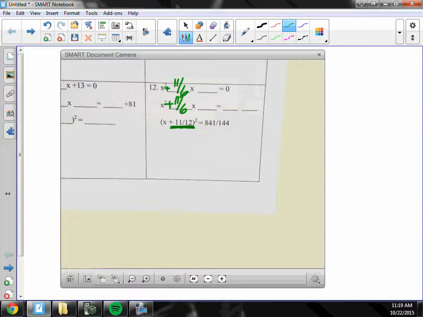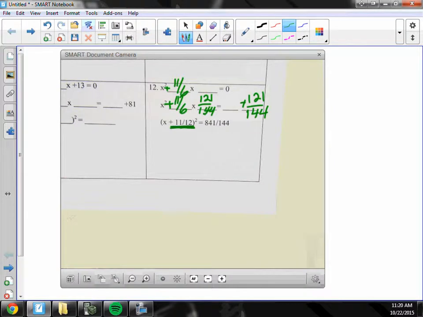Now, if that's 11 over 12, what do I add to both sides? 121 over 144. So I'm going to add 121 over 144, and now I'm kind of stuck. Now what do I do? Tommy's got it. So some number plus 121 over 144 equals 841 over 144.